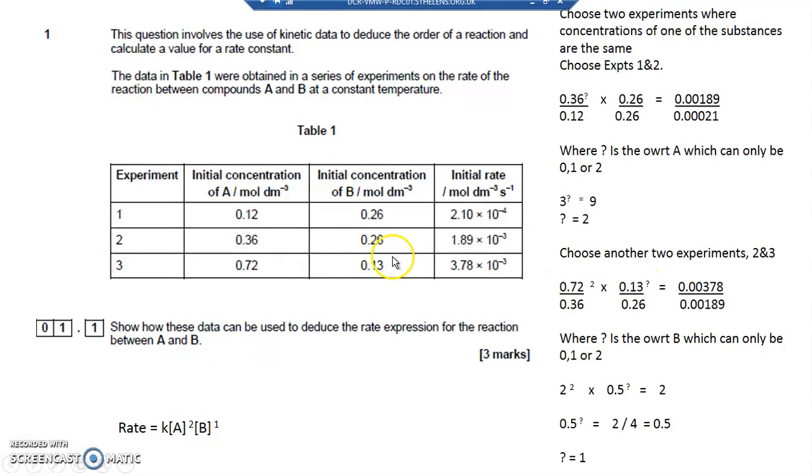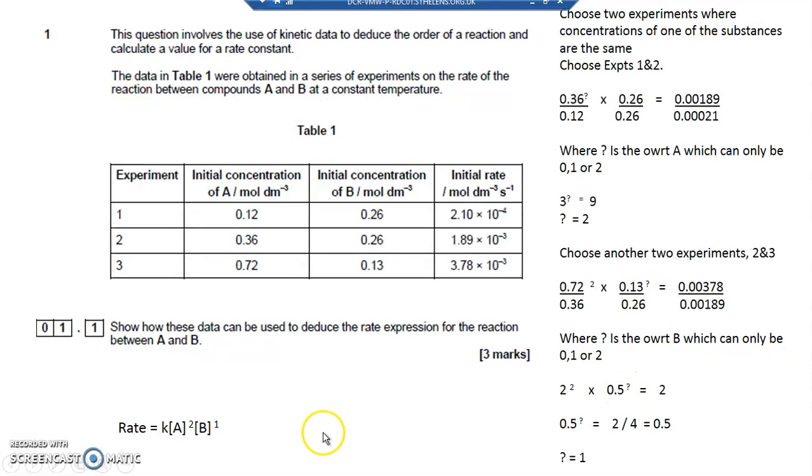multiplied by the concentration of B in experiment 3 divided by the concentration of B in experiment 2, 0.13 divided by 0.26, and that question mark there is the order with respect to B, equals 3.78 times 10 to the minus 3 divided by 1.89 times 10 to the minus 3, and if you calculate that, this number here is a 2. 2 squared multiplied by, this is a half, 0.5, 0.5 to the question mark.